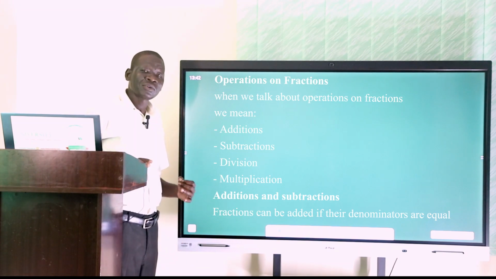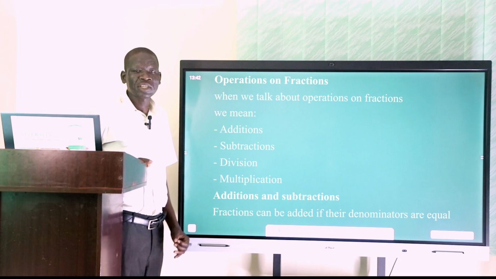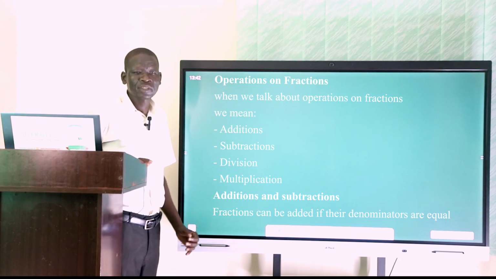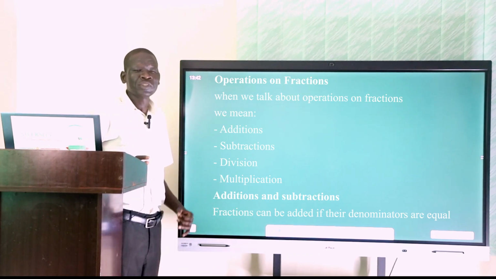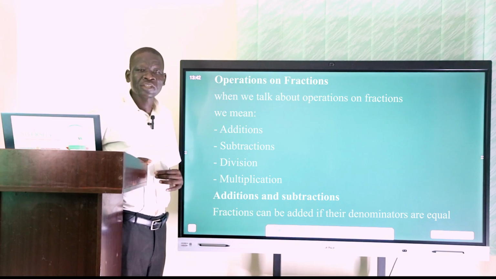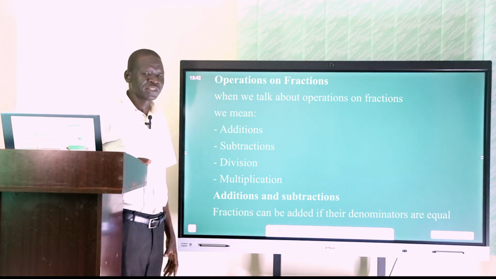Fractions can only be added if and only if their denominators are the same. If the denominators are the same, then we simply add the numerators normally, and then we divide by the what?